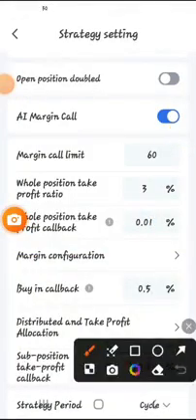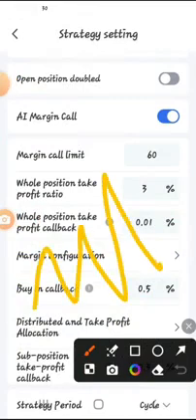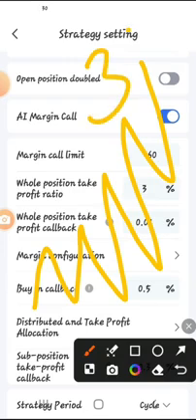When the market is moving in a zigzag form, up and down, up and down, we say this is our 3%.